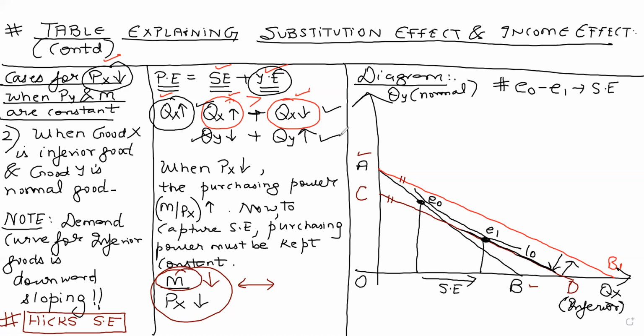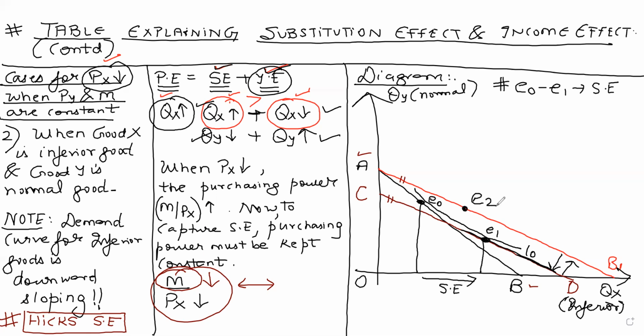That means starting from E1, because we have reached E1 now, our QX should fall and QY should rise, but QX should fall in such a way that the substitution effect is still dominating the income effect. That means, guys, our point will come somewhere here.